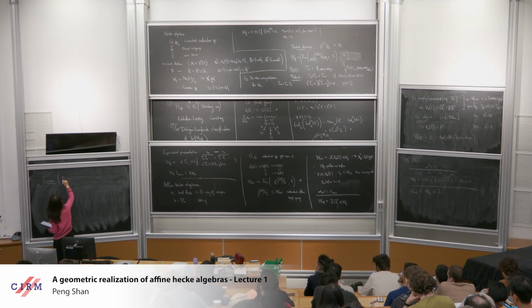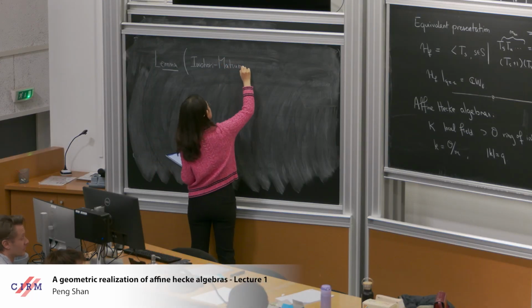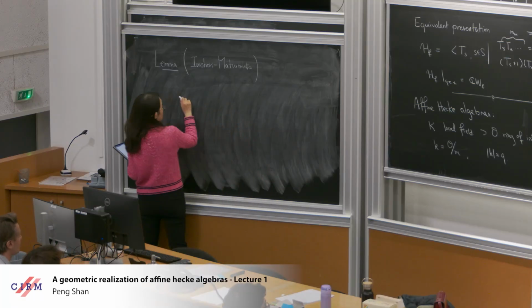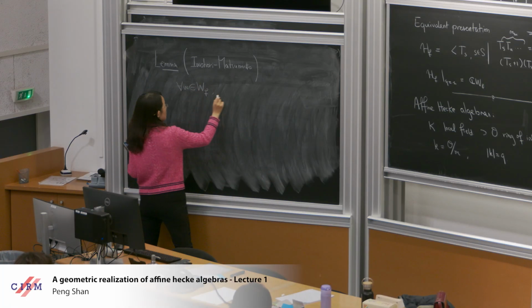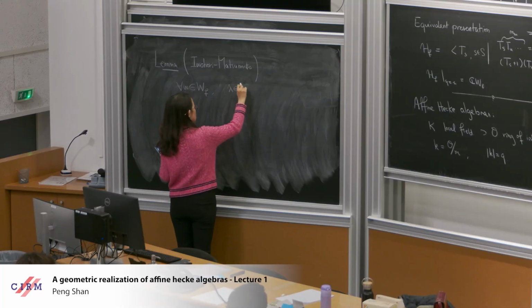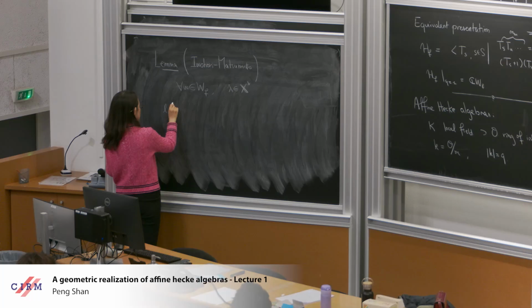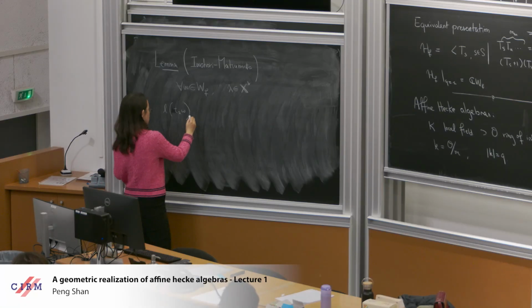This is a lemma due to Iwahori and Matsumoto, which says that if you take an element w in the finite Weyl group and a lambda in this co-character lattice, then the length of an element of the form t lambda times w, in the sense we just explained, is the following.